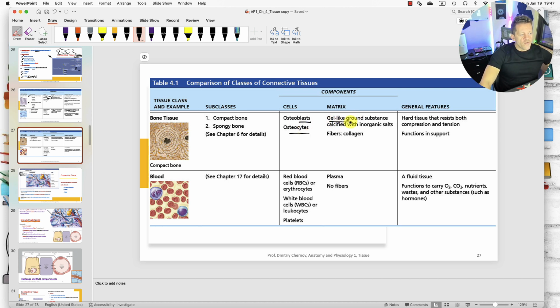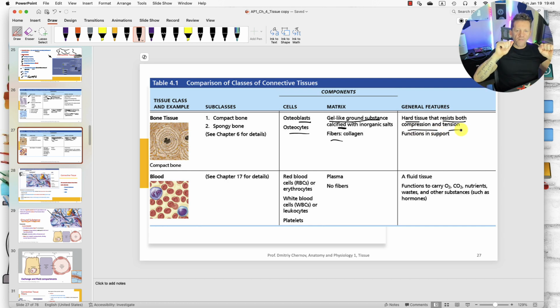So the gel-like ground substance undergoes calcification, meaning that it will solidify. There are also fibers of collagen within the bone, but mostly it's a very dense type of connective tissue, hard tissue that resists both compression and tension.